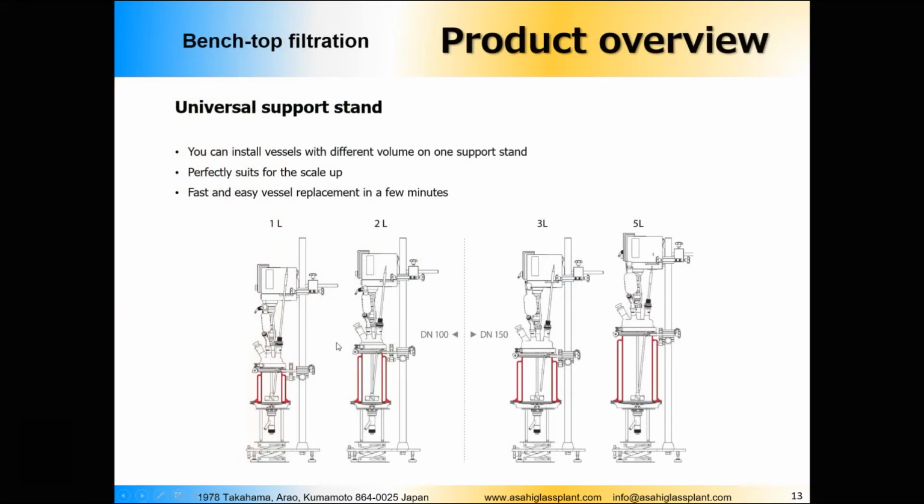There are two types of the support stands. Why so? Well, first of all, about the sizes. We have the DM100 support stand for the 1 liter and 2 liter filter reactors or filter dryers, and DM150 for 3 and 5 liter units. Why?